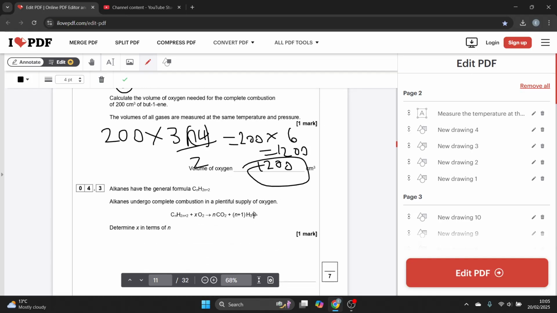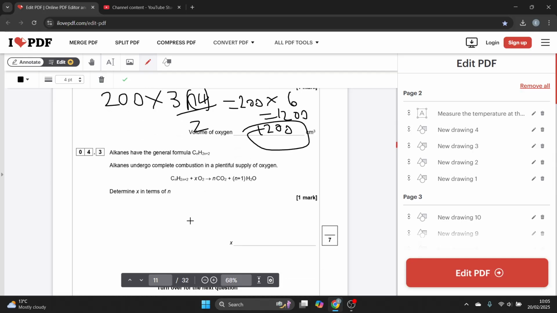Well, I can see that x here. I've got n plus 1, n, x, 3n plus 2, 2n, 3n plus 2. So I've got 3n plus 2 plus x equals n plus n plus 1.